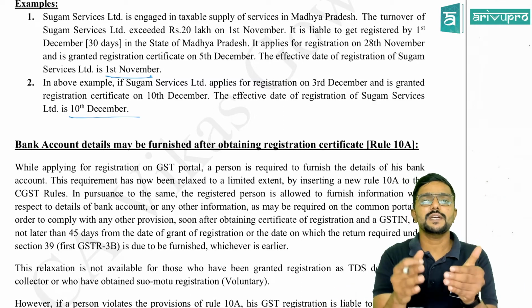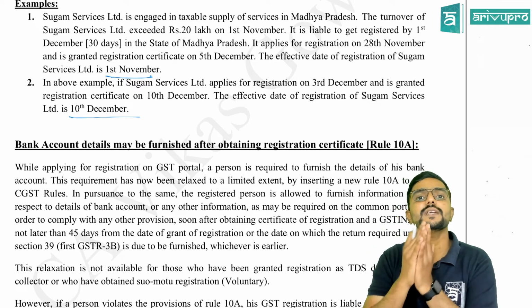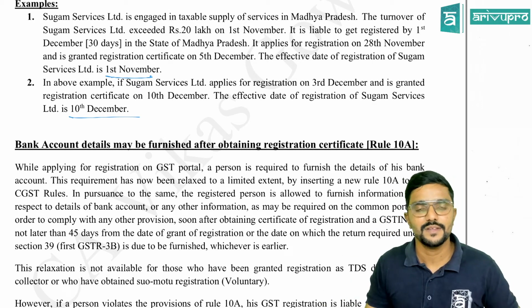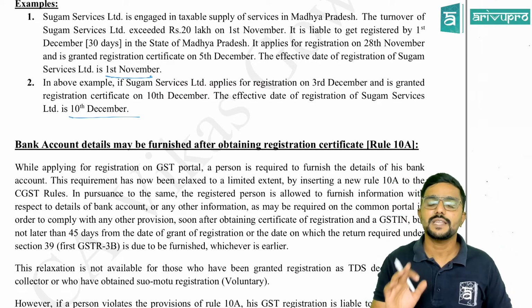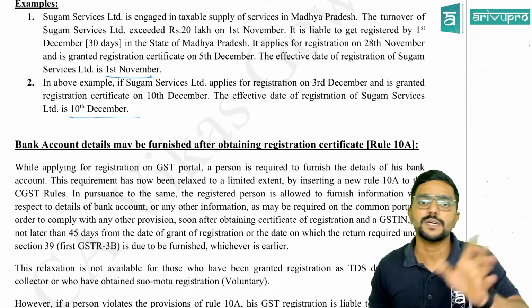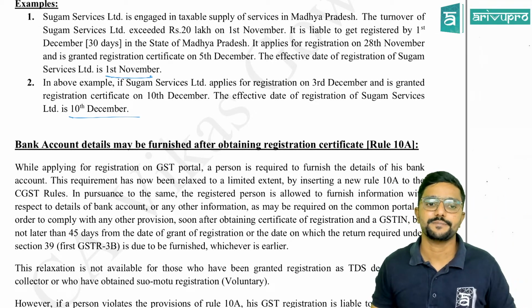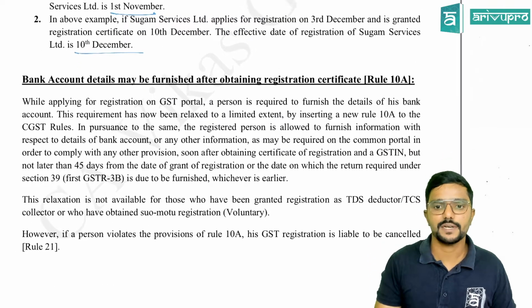So any inward supply they purchase on or after 10th December, they can claim a credit of it. Okay. Sir, what about the stock which they have purchased before 10th December? Can they claim the credit? No. So even whatever stock they are having on 9th December, they cannot claim the credit of it. Clear? This is all about Rule 10, which is very important, guys.